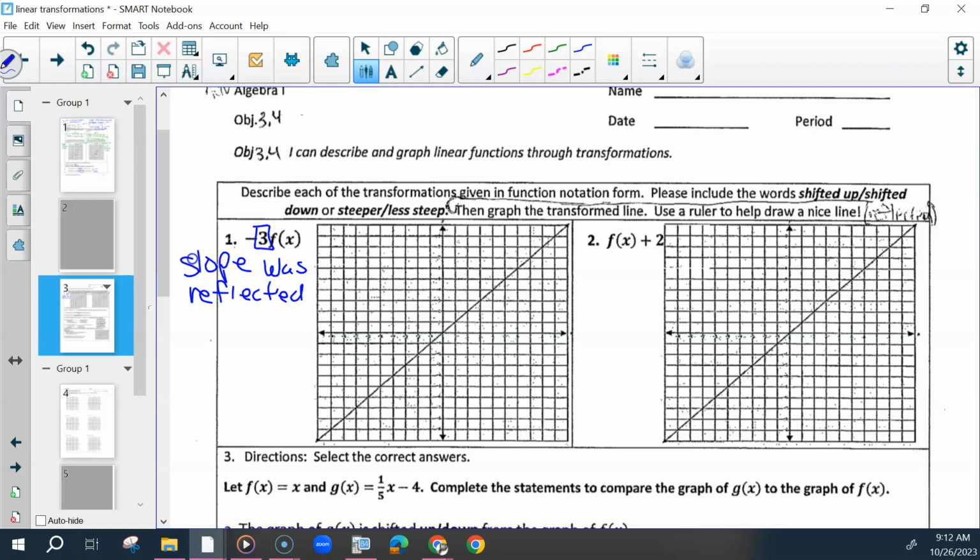So would that be less steep or steeper? Steeper. So the negative has nothing to do with the 3 when you talk about steepness. Okay. What about the y-intercept? It stayed the same.